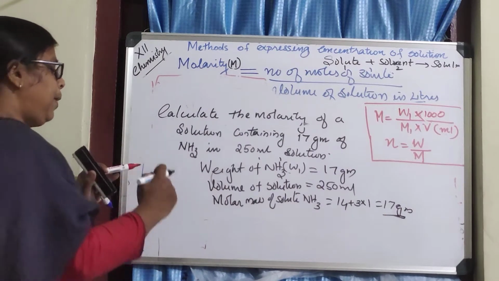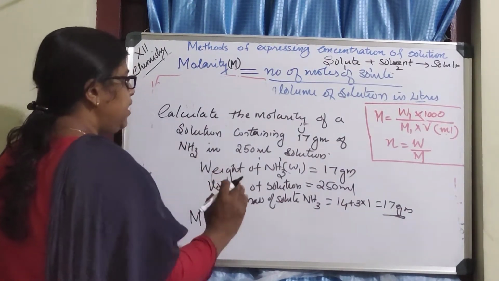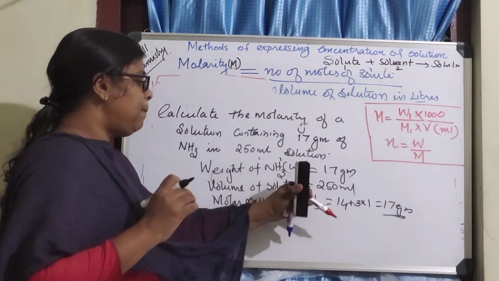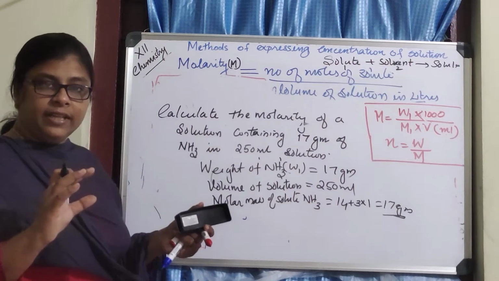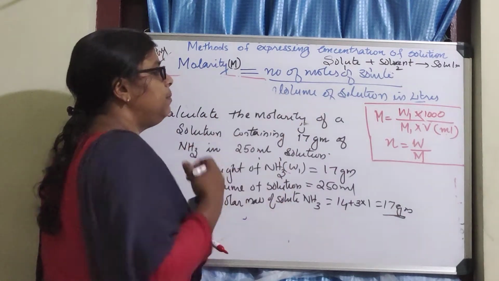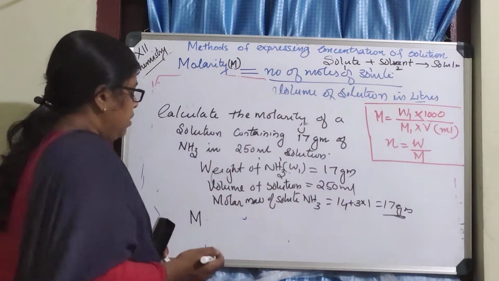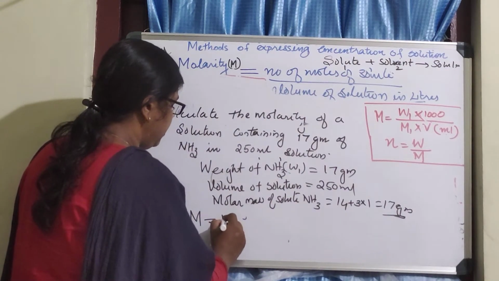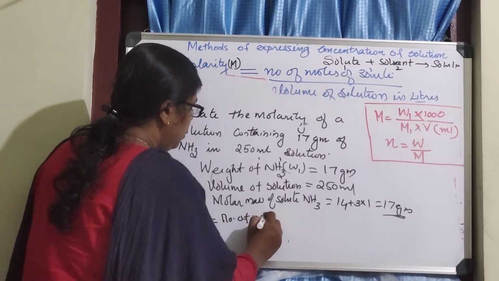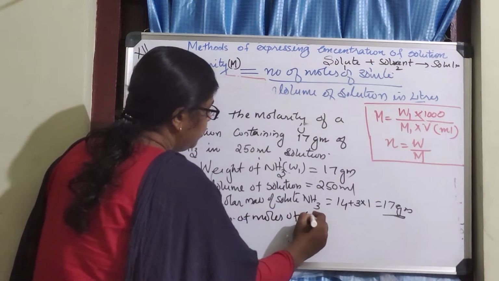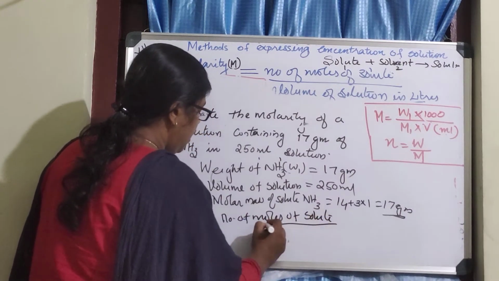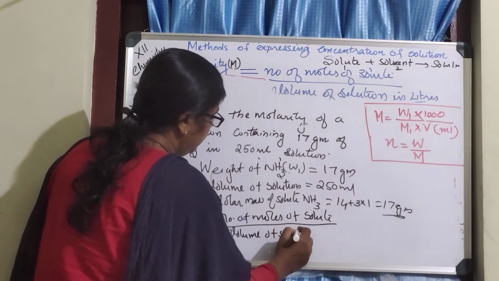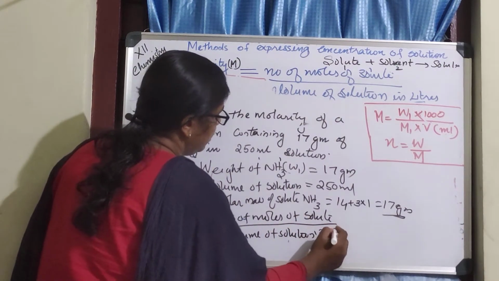Now, we have to write the equation. One method, we can convert the given weight into number of moles first, or we can directly substitute. Okay, first we have to write the equation: number of moles of solute by volume of solution in liters.